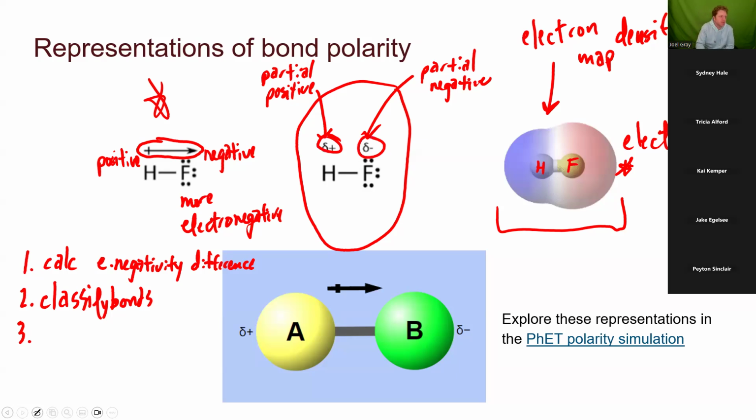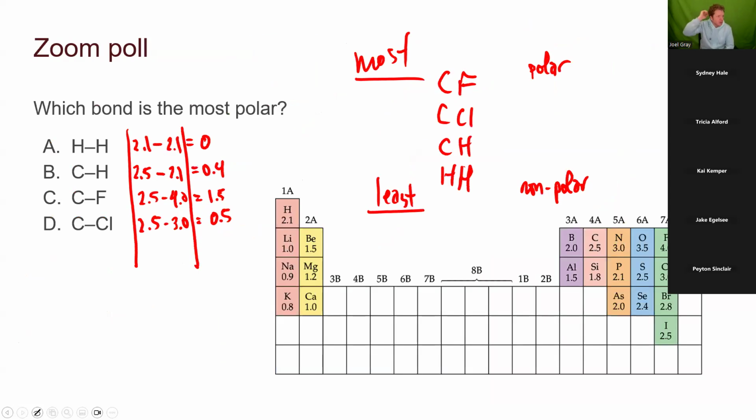So as an example, let's look at C to H. We did a calculation of that. Now I want to come back and ask, carbon to hydrogen, how did we classify that bond? We have an electronegativity difference of 0.4. So how do we classify that bond?